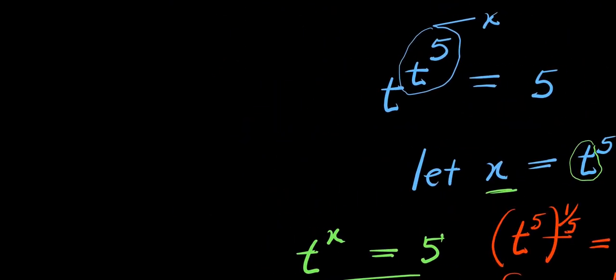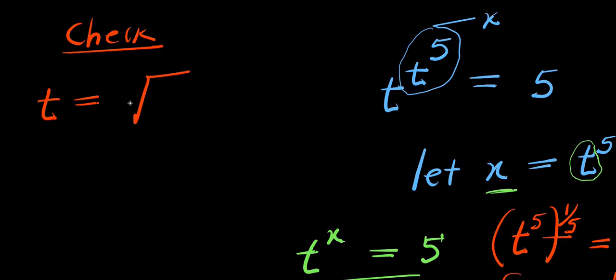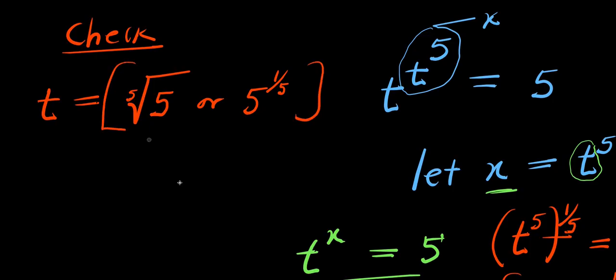Now, the next thing we are going to do will be to check by inserting this value for t, which is simply what? The 5th root of 5, or 5 power 1 over 5. That's our answer.